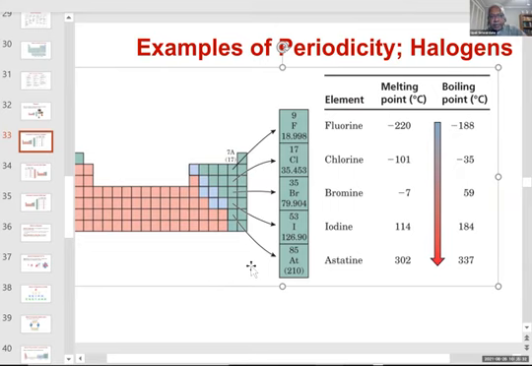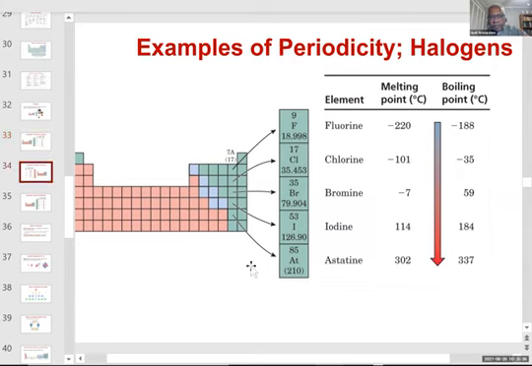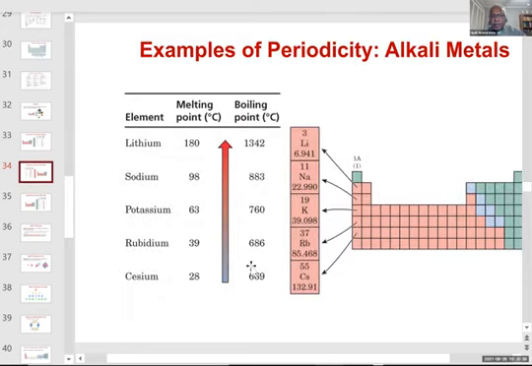That is different from what we saw in the halogens. This has something to do with bonding, metallic bonds, which is different.